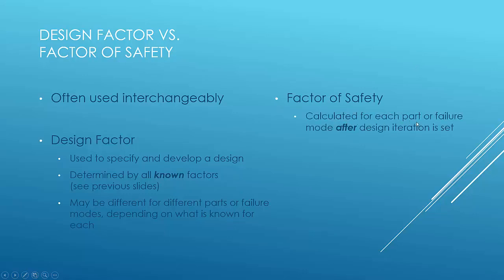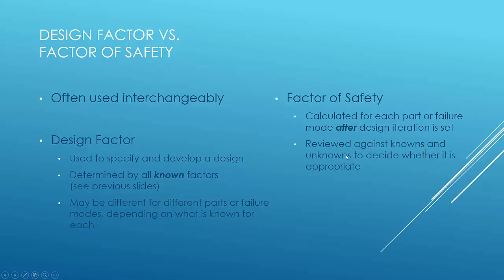It's calculated for each part or failure mode after the design iteration is set. So this is what happens after. What is your factor of safety? And it can be looked at different ways. So if you're going to use this method, design factor, then factor of safety, it needs to be spelled out exactly what you mean by factor of safety. You take the factor of safety and you review it once you've calculated it against your knowns and unknowns.